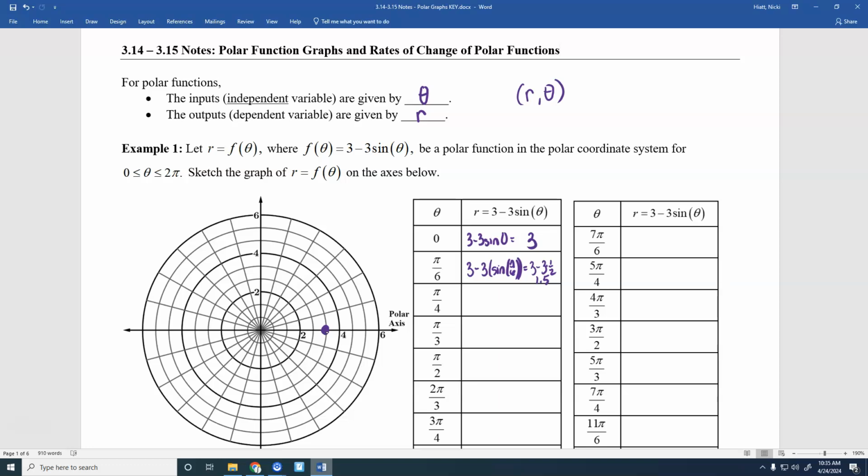I'm running out of room too. So at pi over 6, we're going to go out 1.5. Well, right here would be 1. It'd be half because right there is 0. So 1 would be right here. So 1.5 is a little bit past that second circle that you see there.